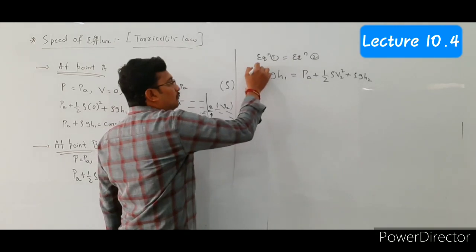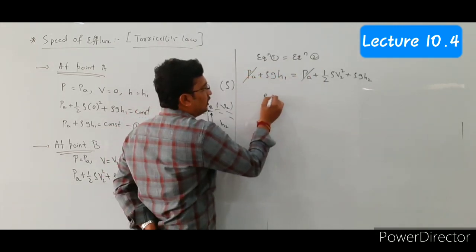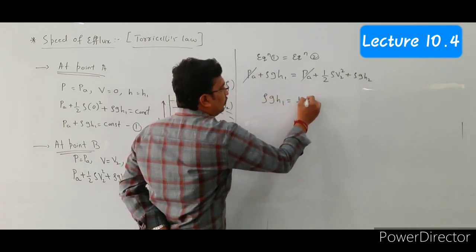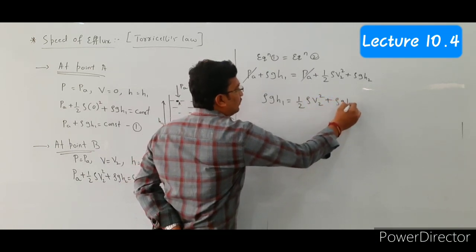In this case, the atmospheric pressures get cancelled. The remaining is rho g h1 is equal to 1 by 2 rho V2 square plus rho g h2.